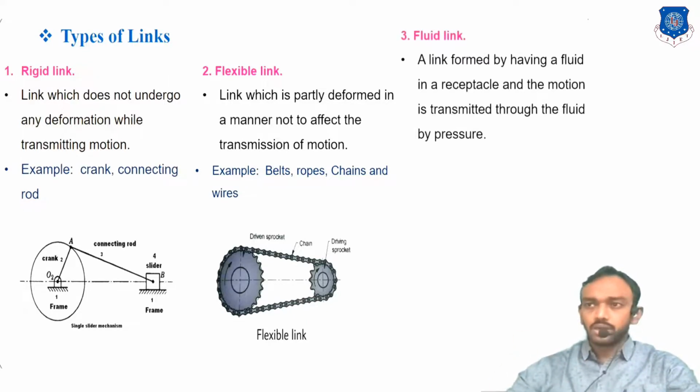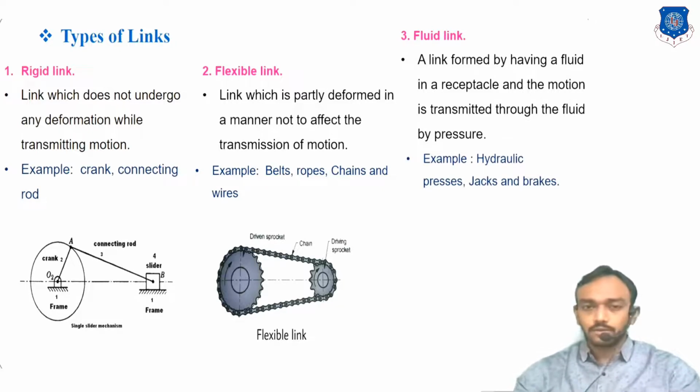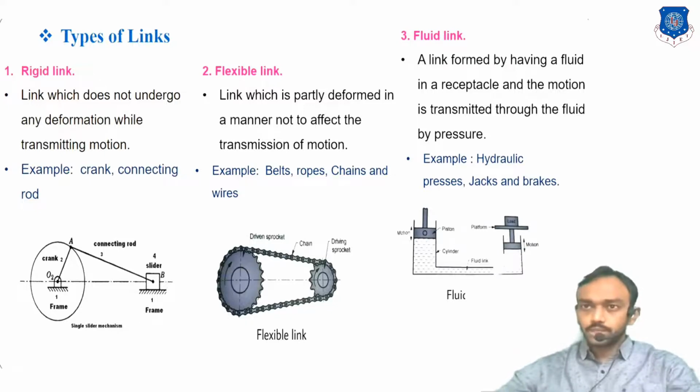Okay, and the third and last type is a fluid link, which is formed by the fluid, and motion is transmitted through the fluid by pressure. Okay, you know examples like hydraulic press, jacks, and hydraulic brakes, and how they work. Okay, when you apply force at this point, what will happen? Due to this pressure, force works in this direction without any solid link.